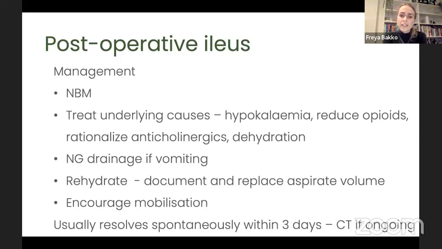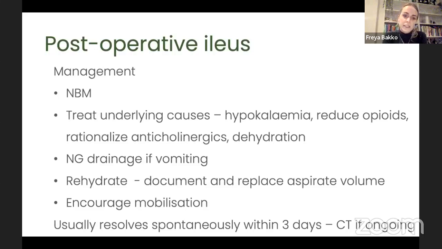Then make sure the patient isn't dehydrated, so perform a full assessment of their hydration status, including their obs and especially their postural blood pressure, which is a very good marker of dehydration, and rehydrate them if you think they are dehydrated.